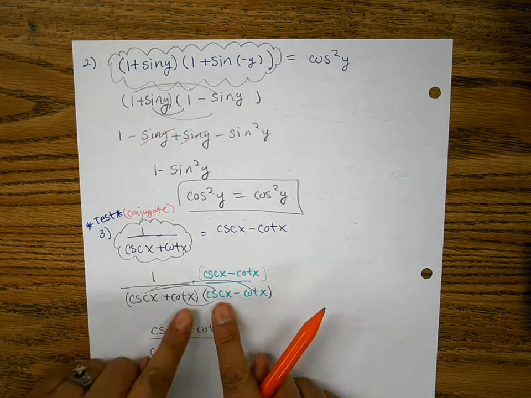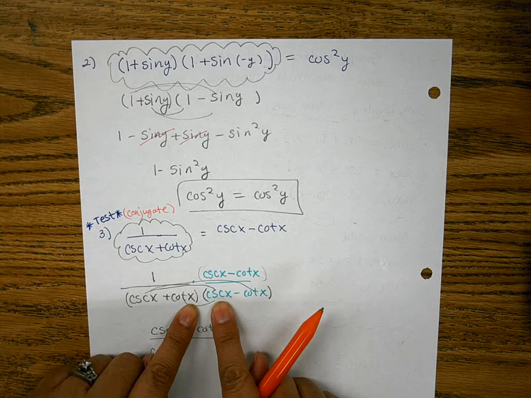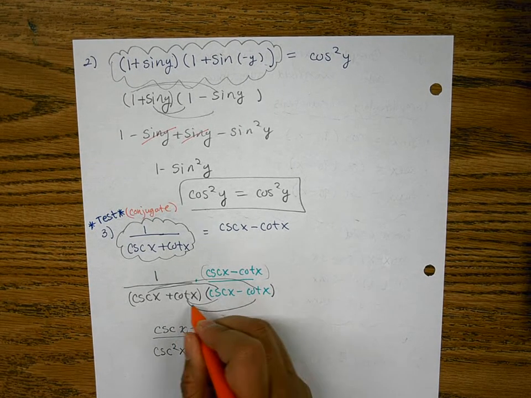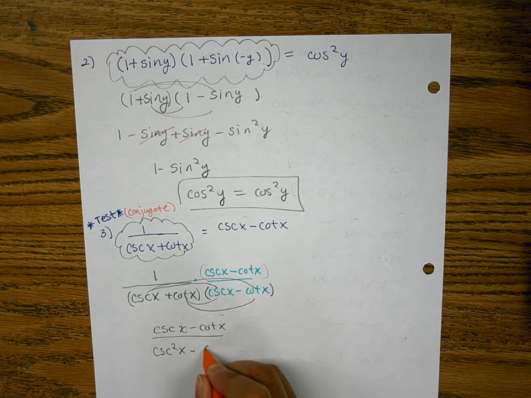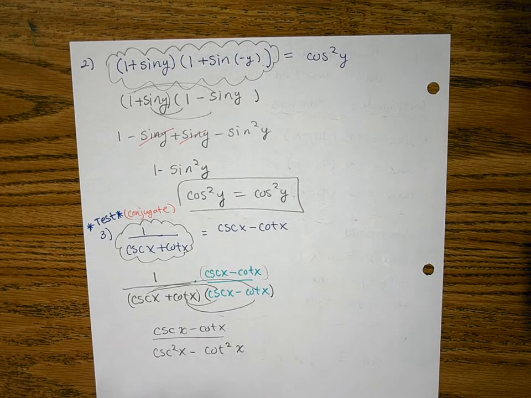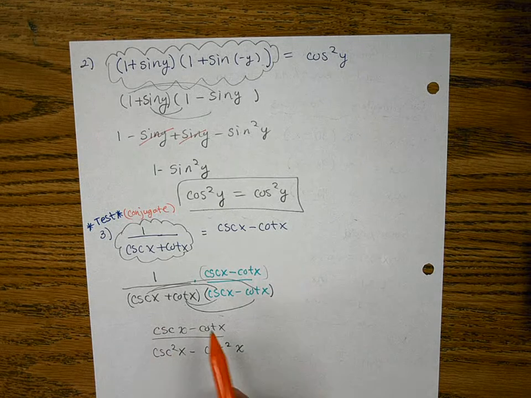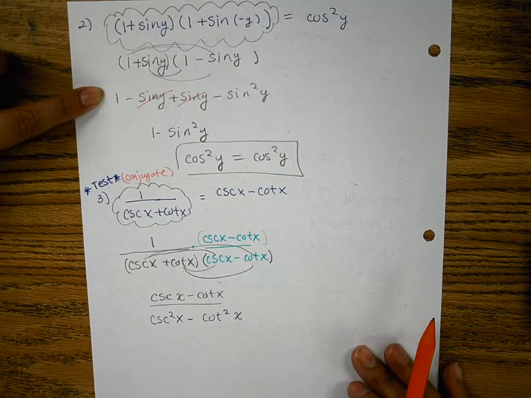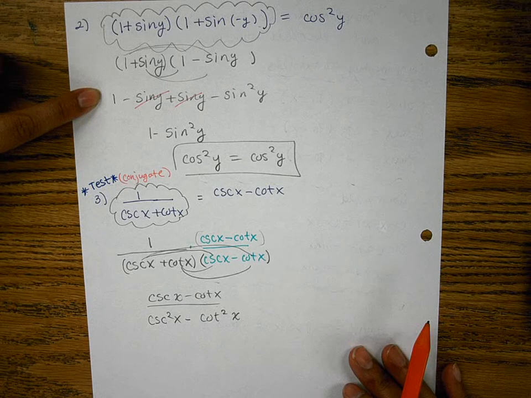Negative, positive, they're going to cross out. So I'm not going to show that. Minus last terms, cotangent and negative cotangent is negative cotangent squared. Again, if you want, you can hit pause and FOIL the whole thing out like I did up here, and you will notice that the middle terms indeed do cross out.